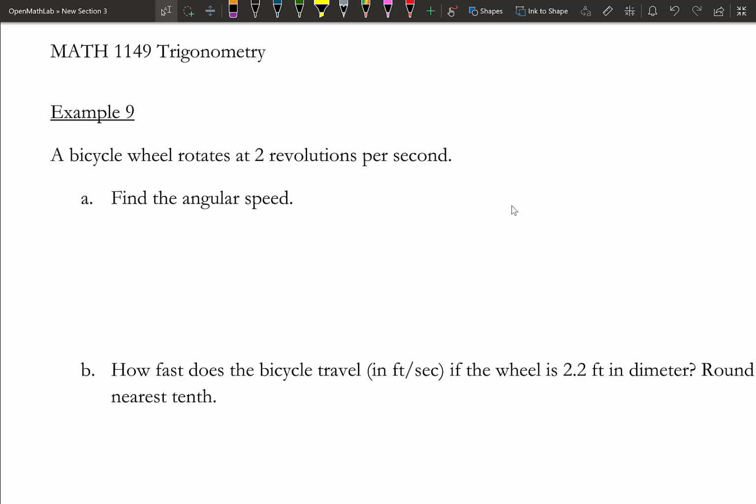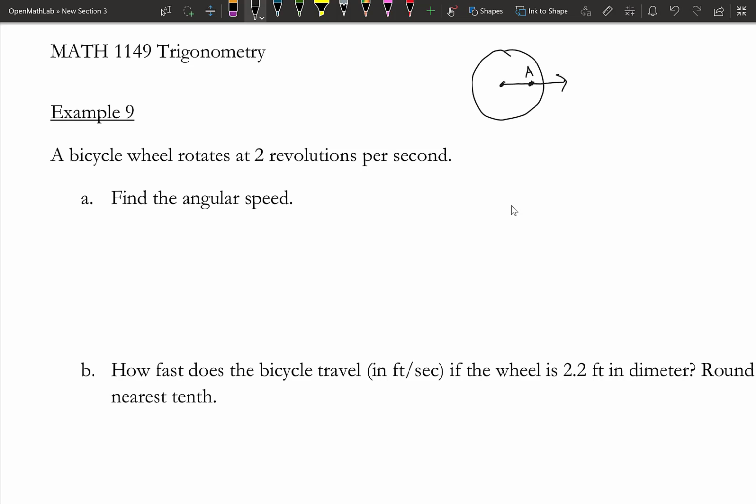So example 9, we're told a bicycle wheel rotates at 2 revolutions per second. Find the angular speed. If you're going around 2 revolutions per second, what that means is, if this is my bicycle tire, here's the center of it, and here's my point A, if you will.